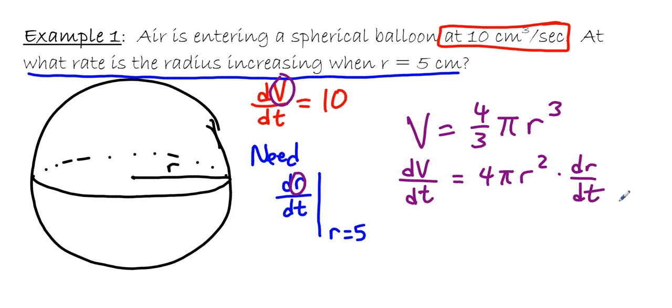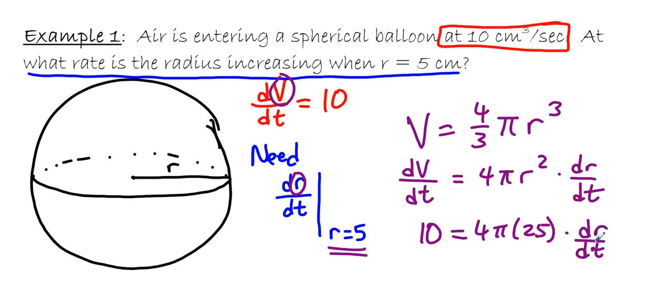This is the only calculus we do in the whole problem. This is interpreting, this is interpreting, this is geometry. This is the only calculus that we do in the whole video. Well, in this whole example in the video. So we plug in all the information that we have. dV/dt is 10. r at this key moment is 5, and we're looking for dr/dt.